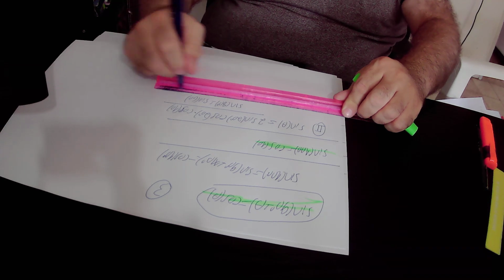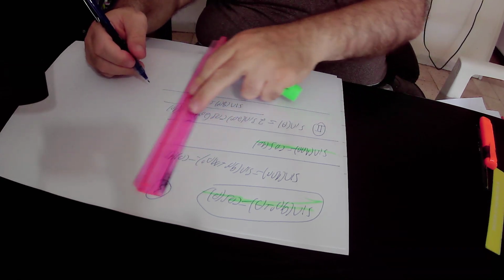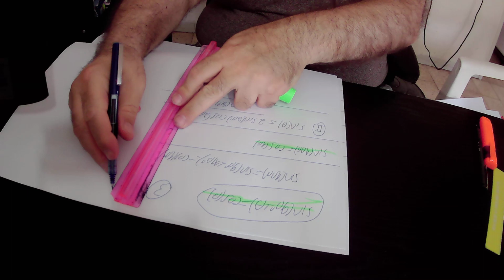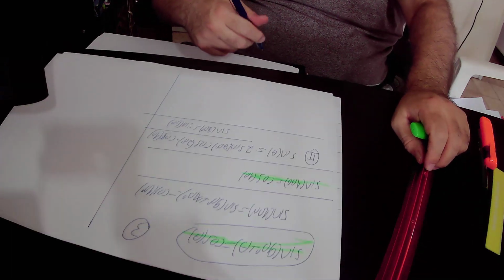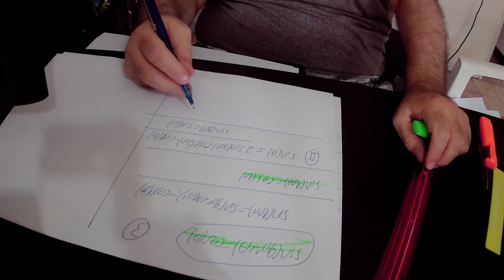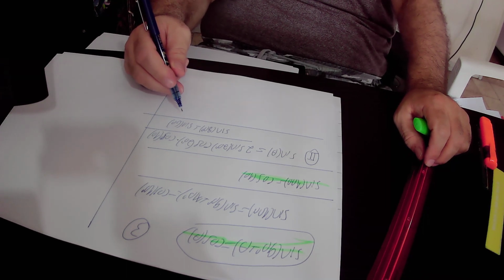So here we have another trigonometric identity that we'll use for the value of sinus 80 degrees plus sinus 60 degrees.